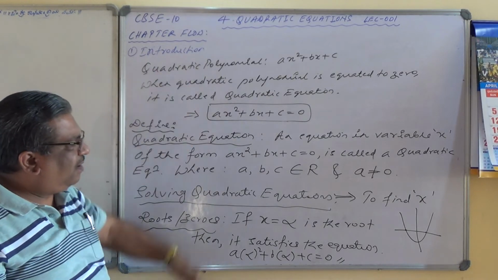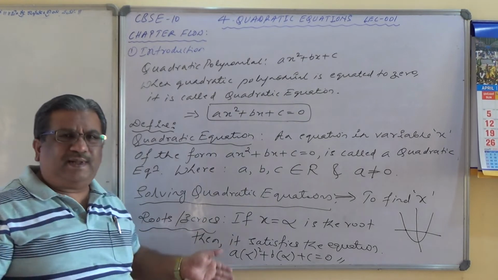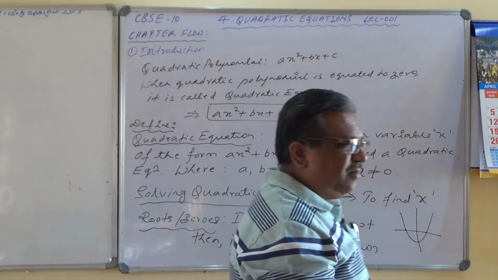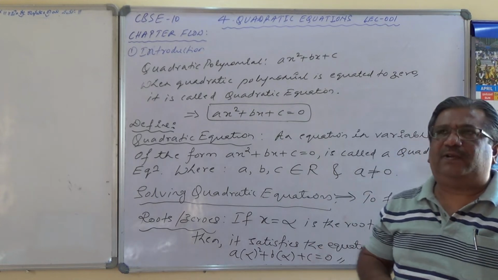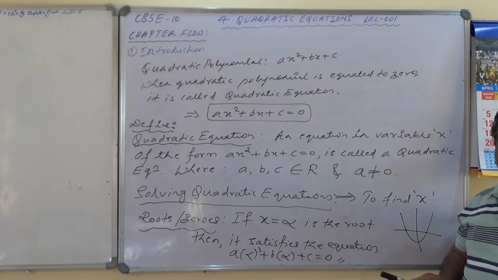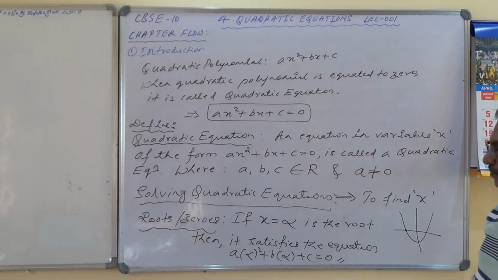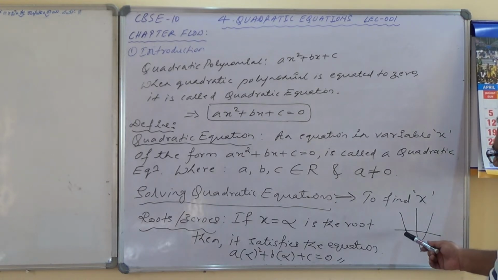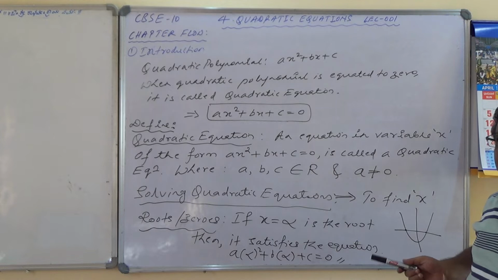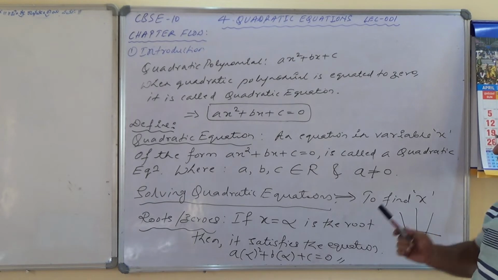I think you have understood the definition and the roots and zeros. I don't know whether you are able to understand the zeros. Once again, if you want, see here, because some students are curious to know what exactly is a root or a zero. Roots are the x coordinates of the intersection points of the graph with the x axis; they are called the roots or zeros.